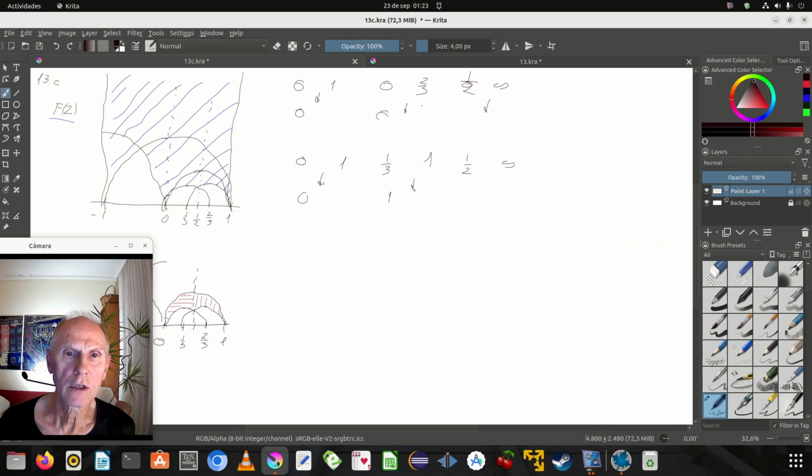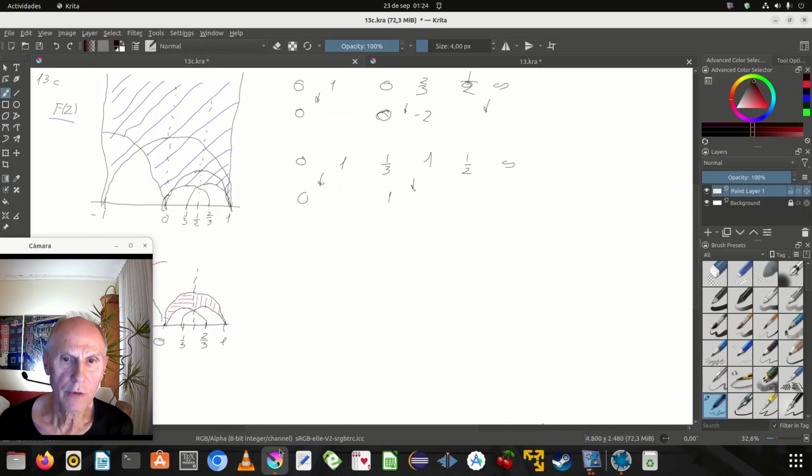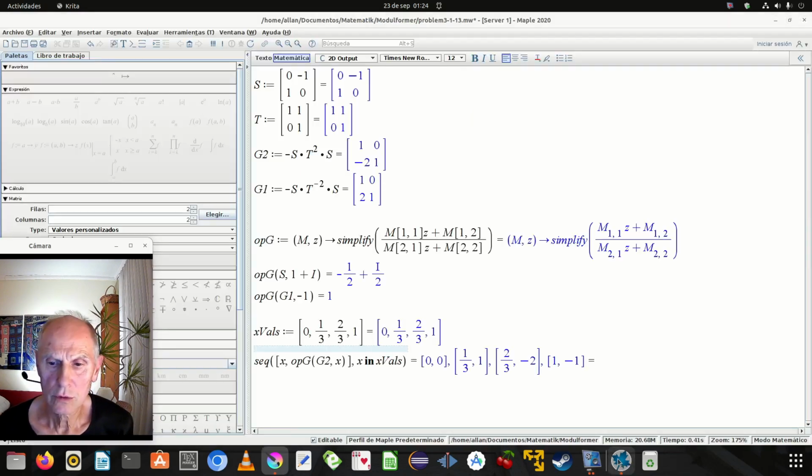That's better. That's very good. And unity goes to minus 1. That's also very good. One half maps to infinity, and infinity under G2 goes to minus 1/2.